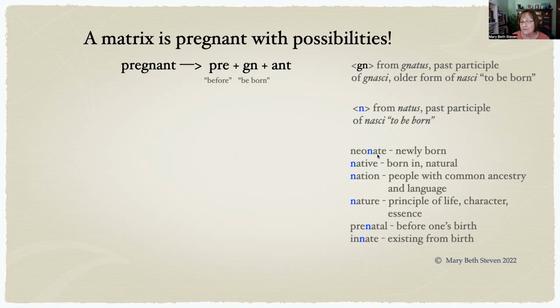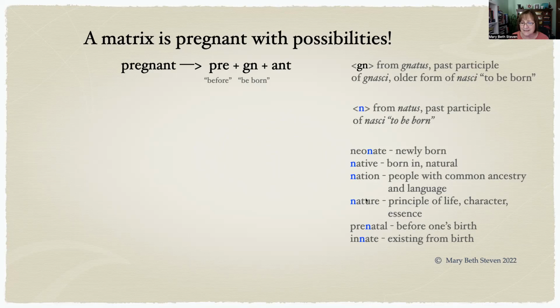And look at what's at the end, an ATE suffix, very common suffix. That same ATE suffix is here in native. The N base, ATE, the E replaced with a vowel suffix, IVE. That same ATE suffix is here in nation. N is the base, ATE suffix, the E replaced with an ION suffix.